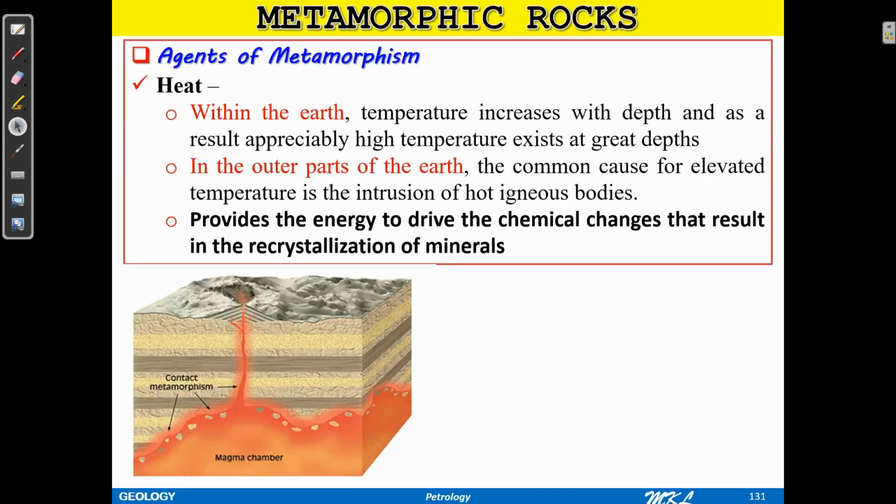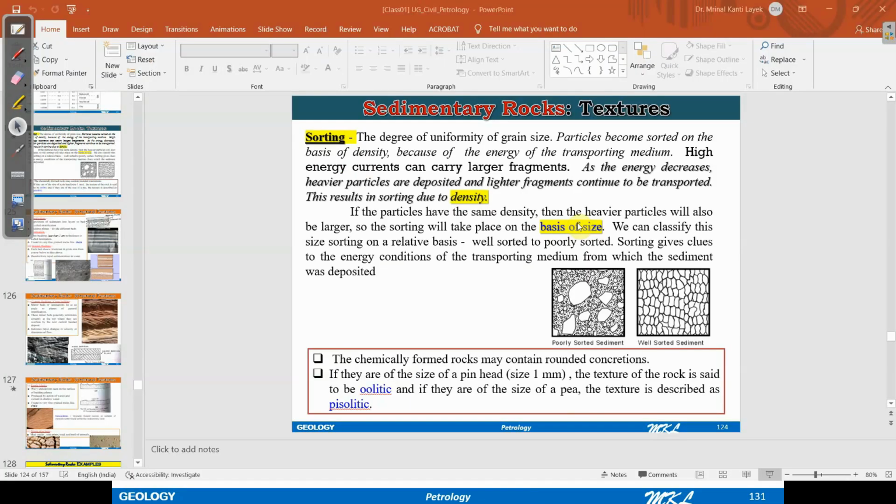So what are the agents of metamorphism? The main agents of metamorphism are what drives metamorphism. That means the transformation of any existing rock into a different type, like limestone.